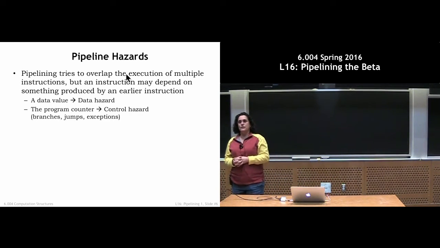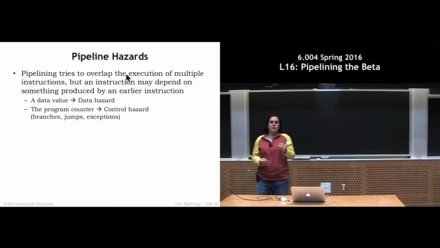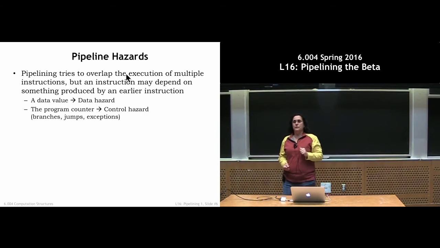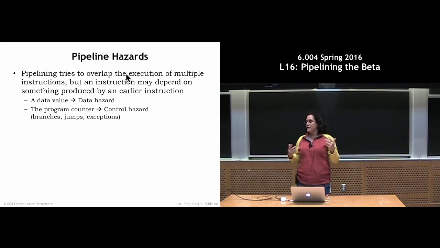When I put the branch instruction into my pipeline, I don't know right away whether the next instruction that I need to stick into my pipeline is the instruction that's immediately after the branch, or the branch target. And so I might make a mistake and as a result have something that I have to fix further down the road. This is what we call a control hazard, and that's caused by branches, by jumps, by exceptions, and we're going to get into that in Thursday's lecture. Today, we're just going to focus on data hazards and how we deal with those.